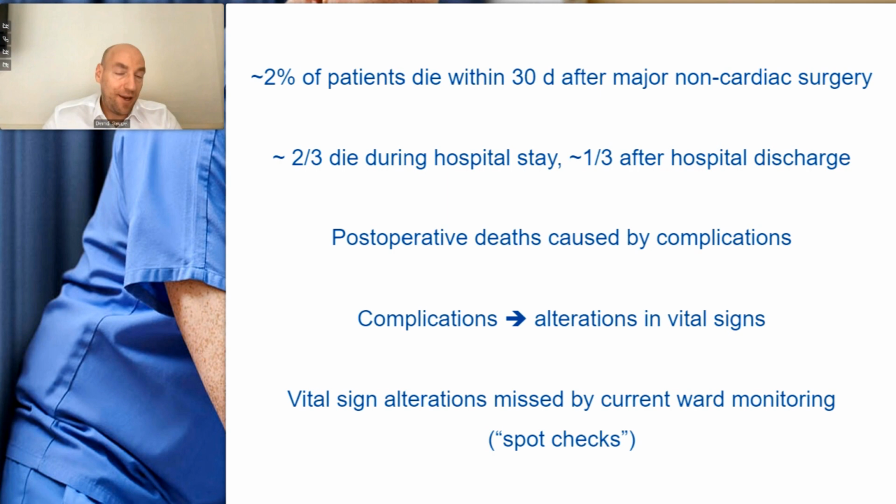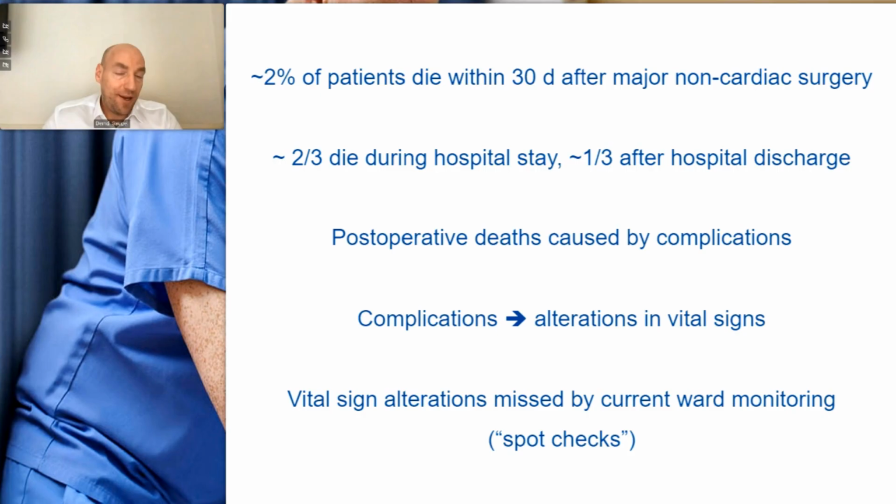So 2% of patients die within a month after surgery. 2/3 of those patients die during the initial hospital stay under our direct supervision. This is also true for death in medical non-surgical patients. They are caused by complications.